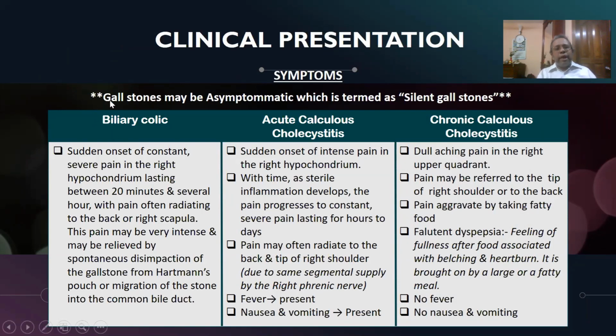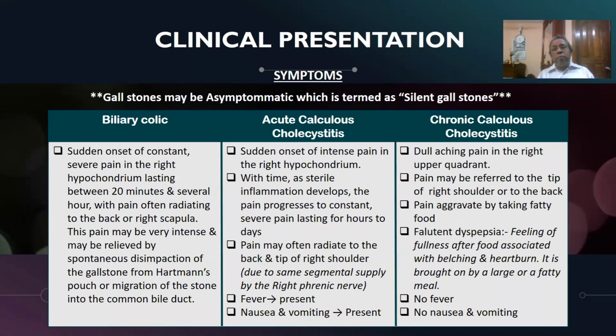Another one is the biliary colic. That thing we always ignore, because the symptoms are not so marked. For that reason, we ignore biliary colic. But this is the main presentation of most individuals, the biliary colic, not the acute cholecystitis or chronic cholecystitis.